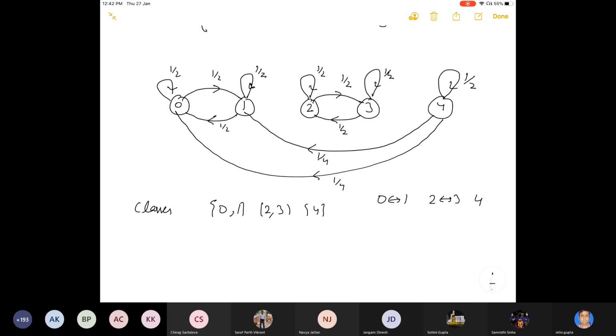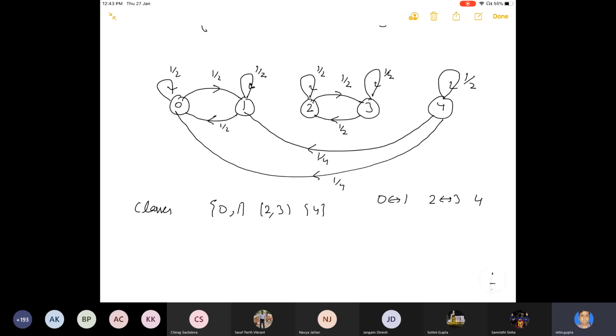So if 0 is recurrent, 1 will be recurrent. If 0 is transient, 1 will be transient. If 2 is recurrent, 3 will be recurrent. If 3 is recurrent, then 2 will be recurrent, like that, because they are in the same class.